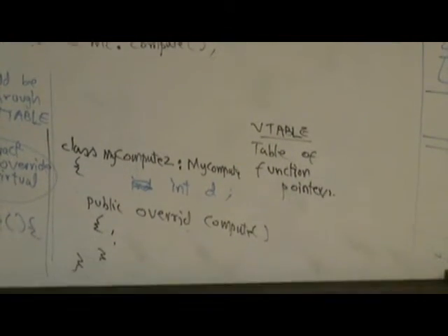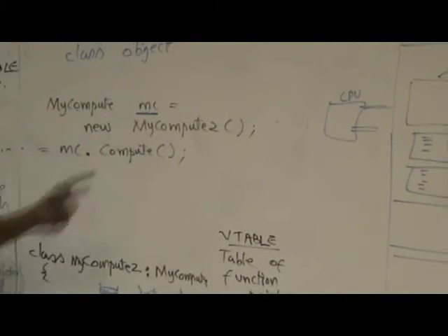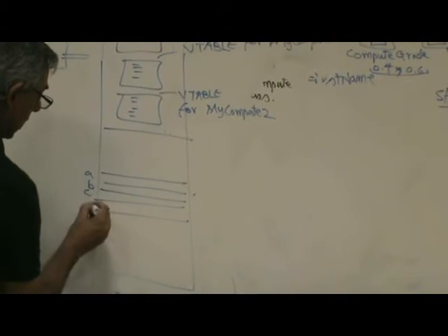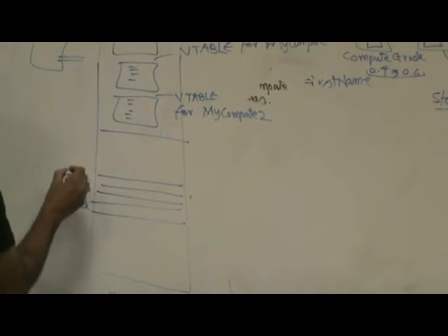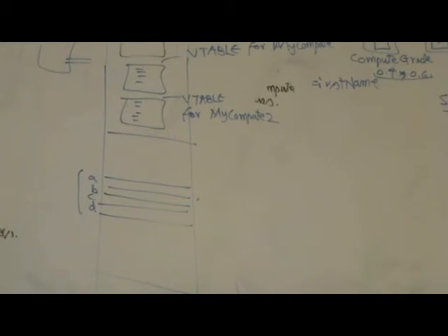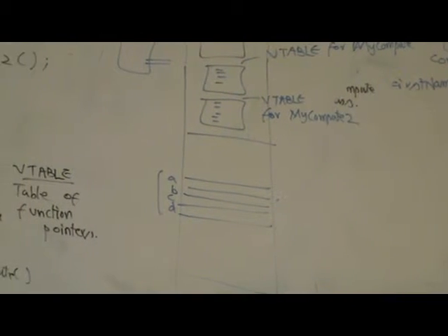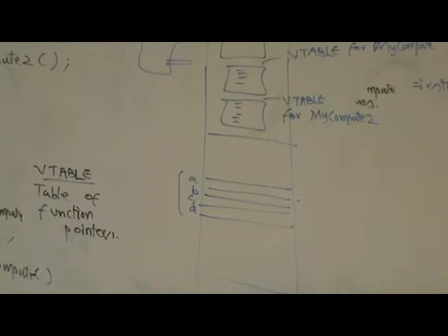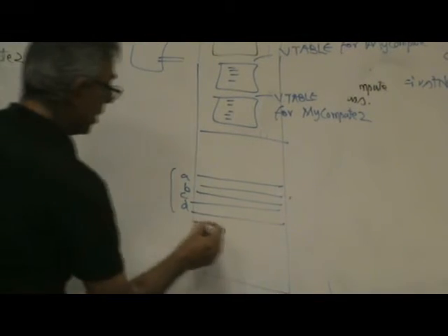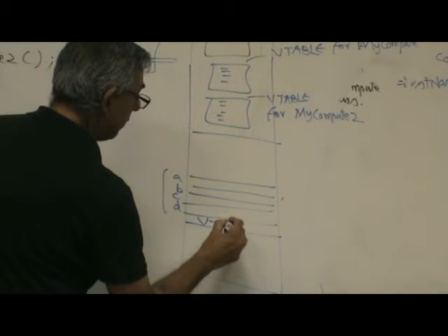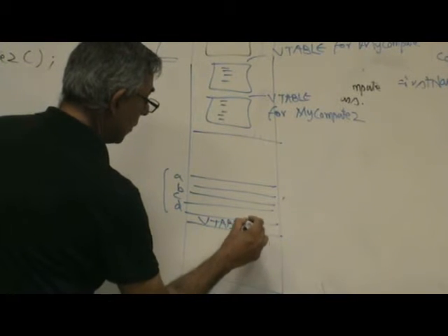So how much memory will it allocate now? A, B, C, D. Is that all the memory it will allocate, or will it allocate one more? One more vtable pointer. And where will that vtable pointer be pointing to?